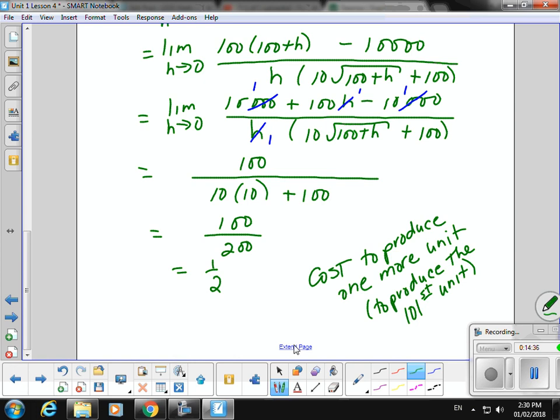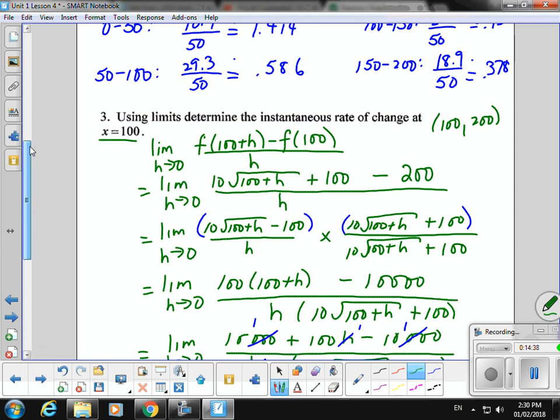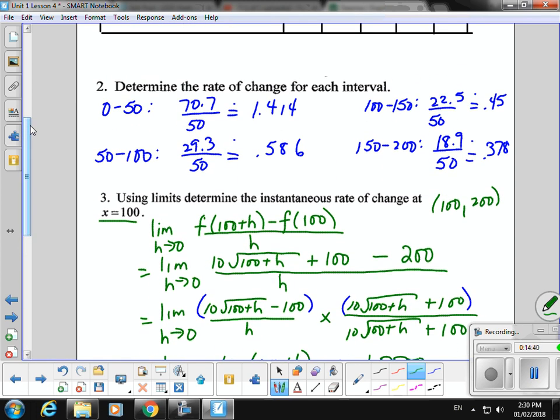The average rate of change was that average change in cost over that interval. So as you look at those intervals, the more that you produce, the less the unit cost is, and that makes sense. We kind of absorb that initial cost into our costing, and so the more you do, the less it's going to cost on average. All right, you've got some homework to work on.